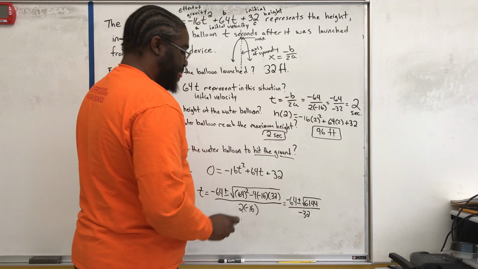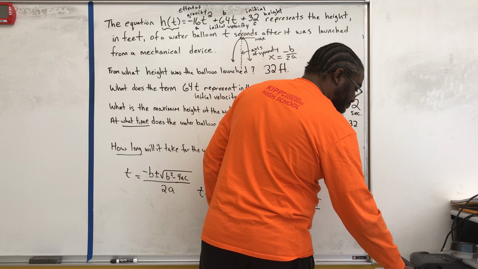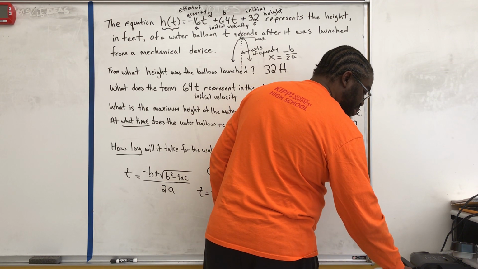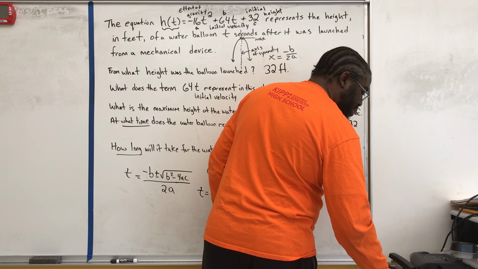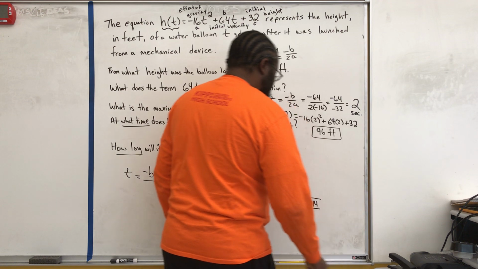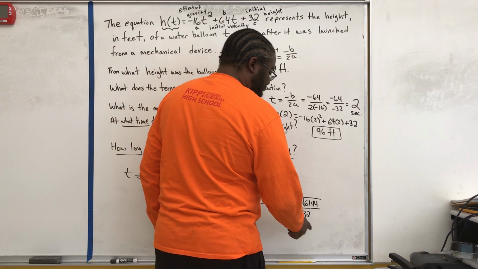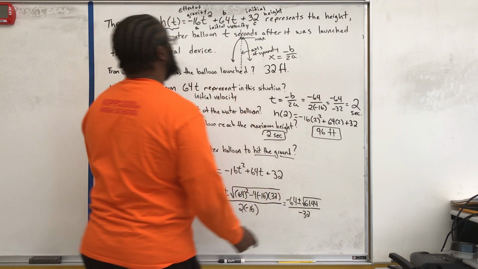All right. Is that a perfect square? Let's square root it to see. No, it is not. Since it is not a perfect square, normally I can leave my answer in radical form, but this is a real world question.